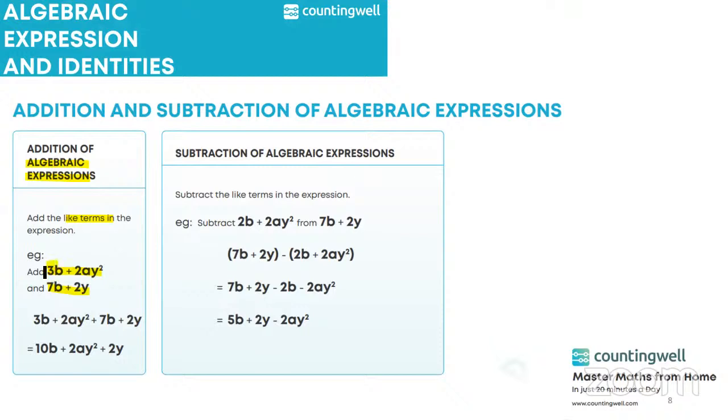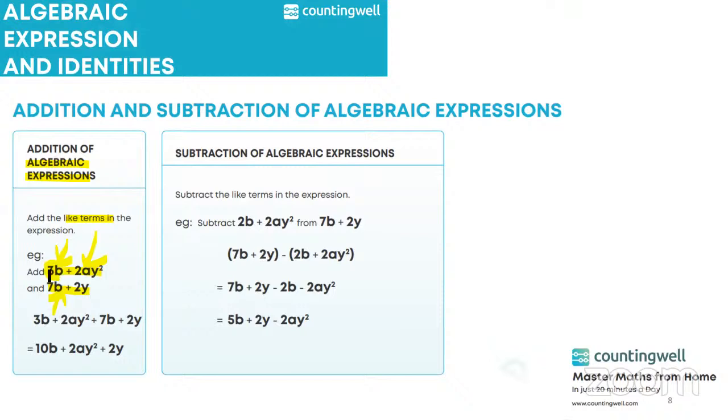In the term 3b, the numerical coefficient is 3, and you have to note the algebraic coefficient, so it is b. For this term, we have ay square as the algebraic coefficient and the numerical coefficient is 2.